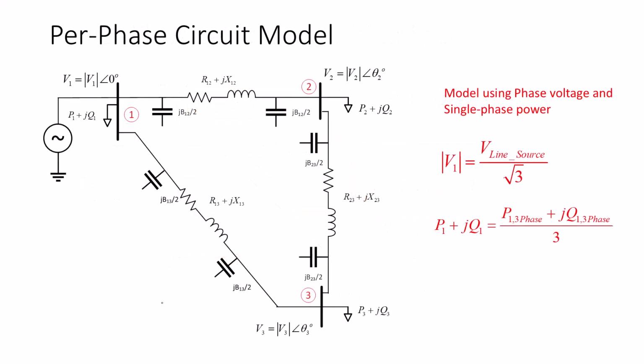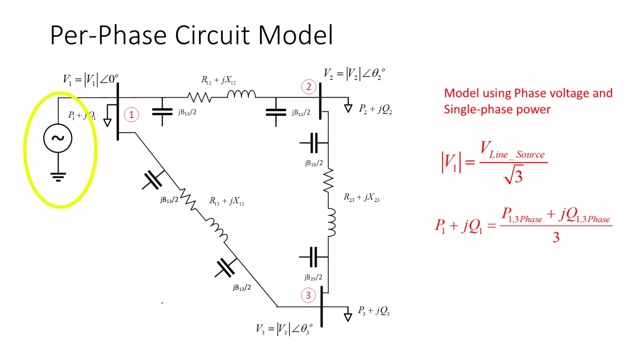Power flow analysis calculations are based on a per-phase model as shown here. A per-phase model represents a single phase of a balanced 3-phase circuit, where phase voltage magnitude is related to line voltage magnitude by a factor of the square root of 3. The source is modeled as an ideal voltage source.